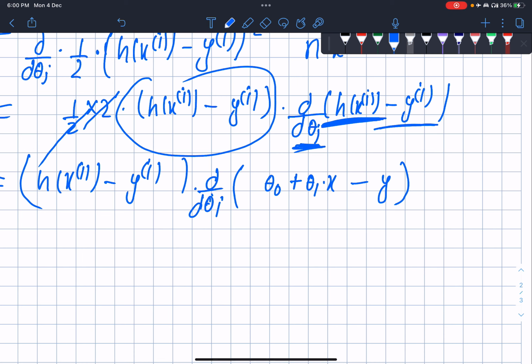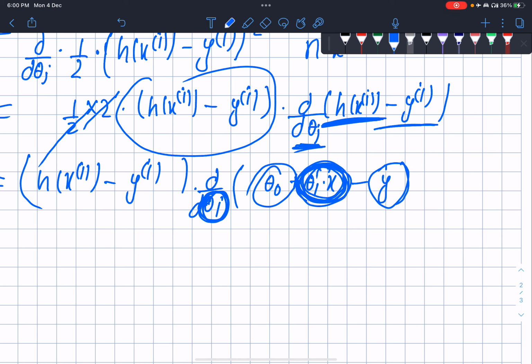For which theta is this going to have an effect? The only term that will matter to us is this one. How much does this term change when theta j changes?